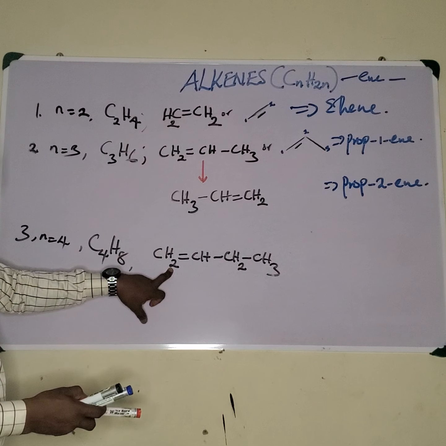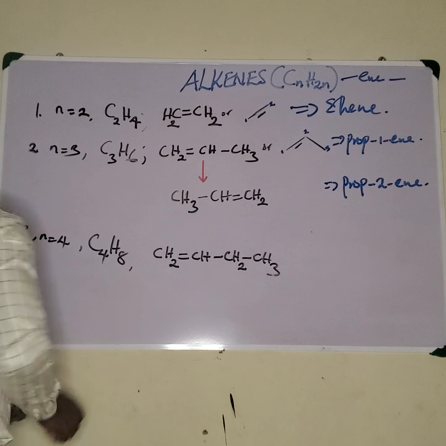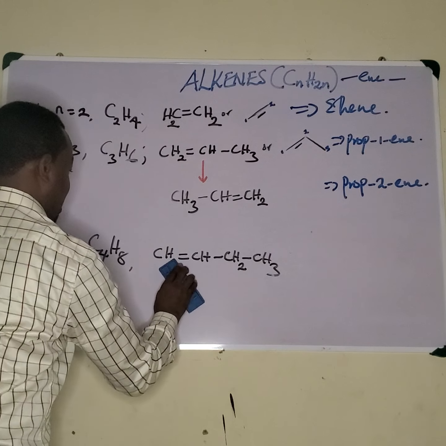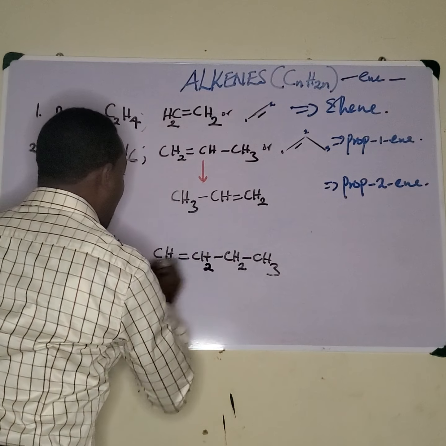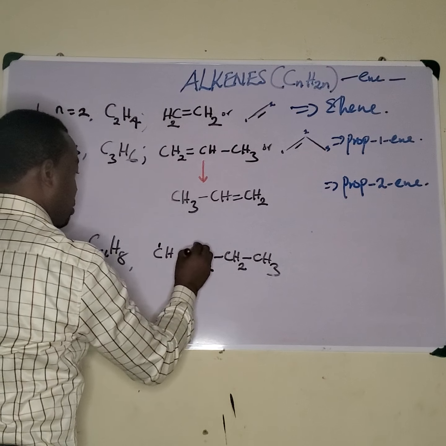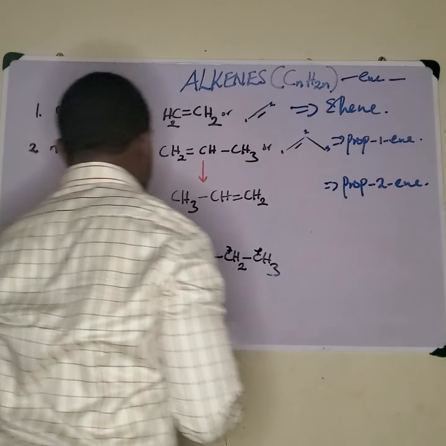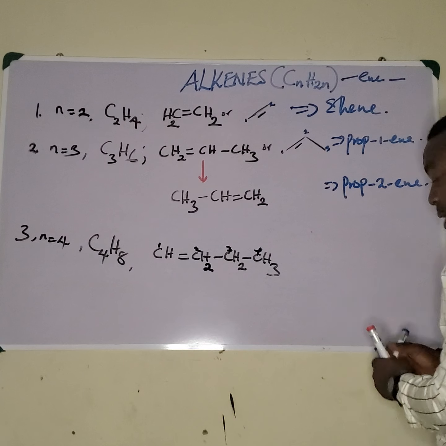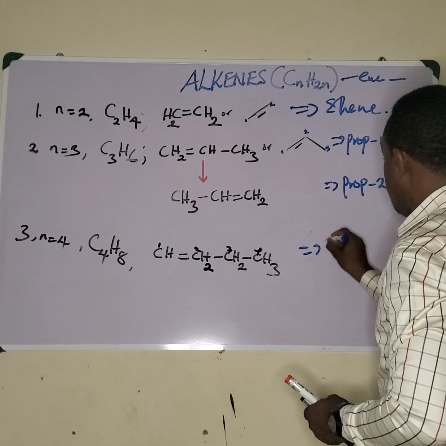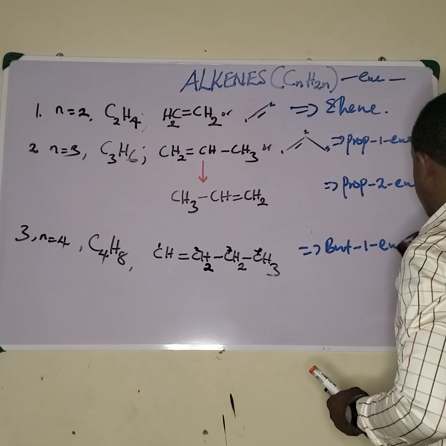In this case, we can call this one but-1-ene. 1, 2, 3, 4. So this one is but-1-ene.